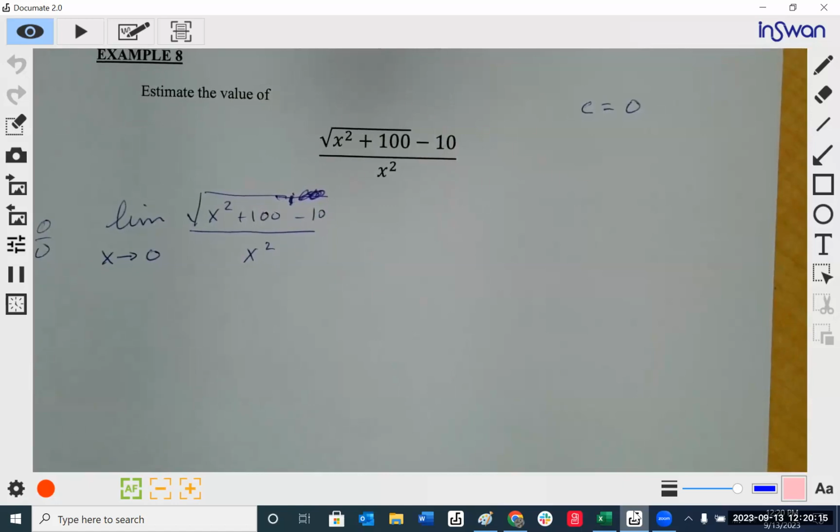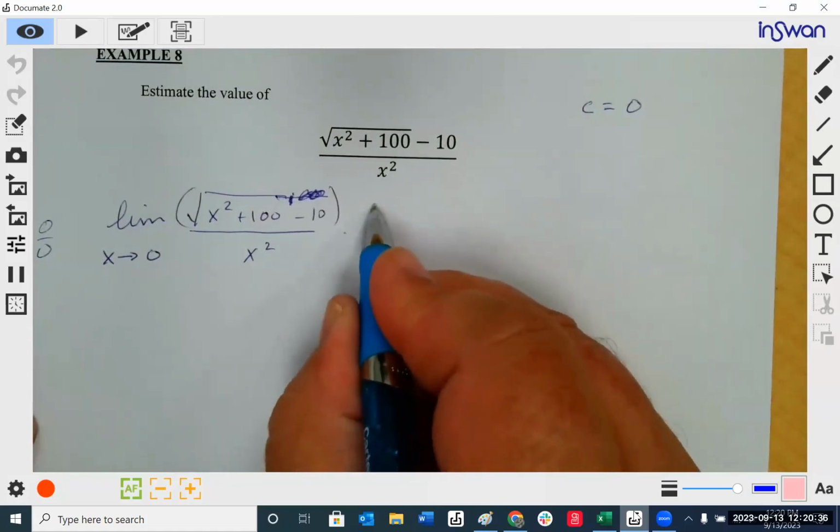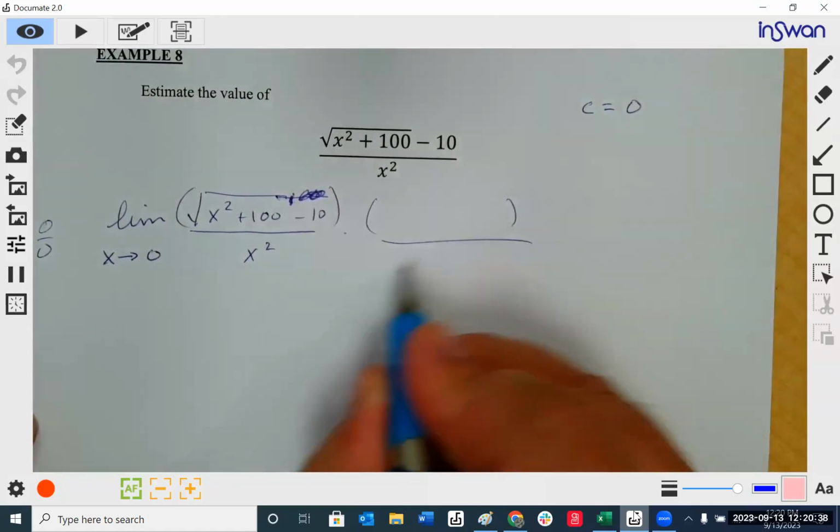That means something can factor out. Whenever you have something like this, the only thing you can really try is multiplying the top and bottom by the conjugate of the numerator.